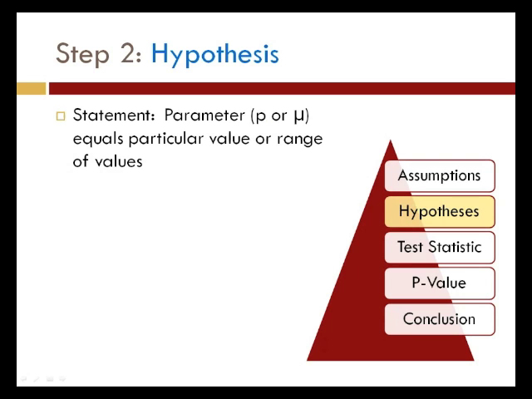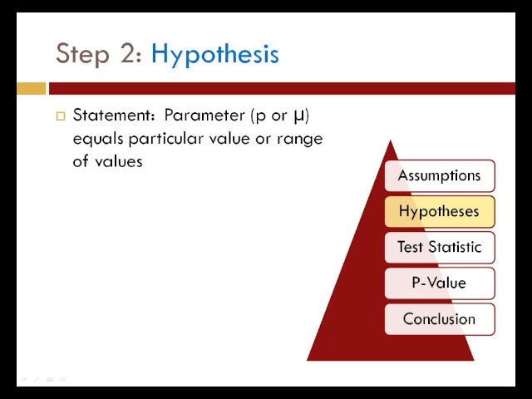And then the actual hypotheses, you're going to make some statement about a parameter. And what's a parameter again? There are two examples of parameters listed up there. Yeah, it tells some measure of the population. So you're going to make an educated guess, some hypothesis about the population measure.